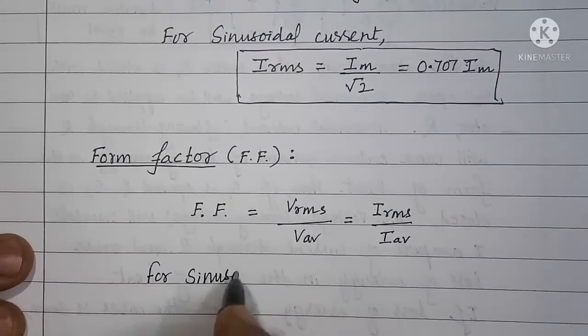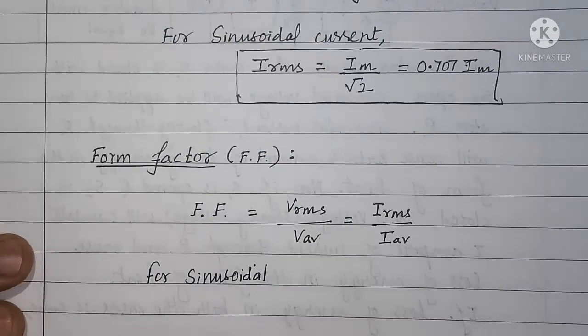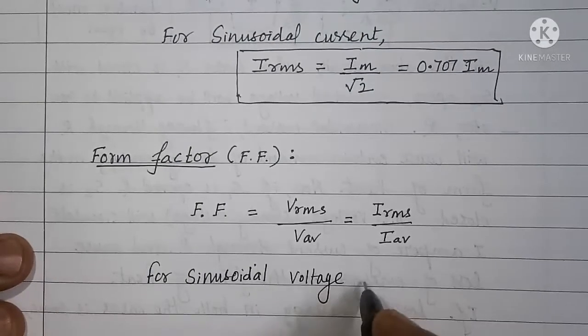For sinusoidal quantity, quantity means here voltage or current.